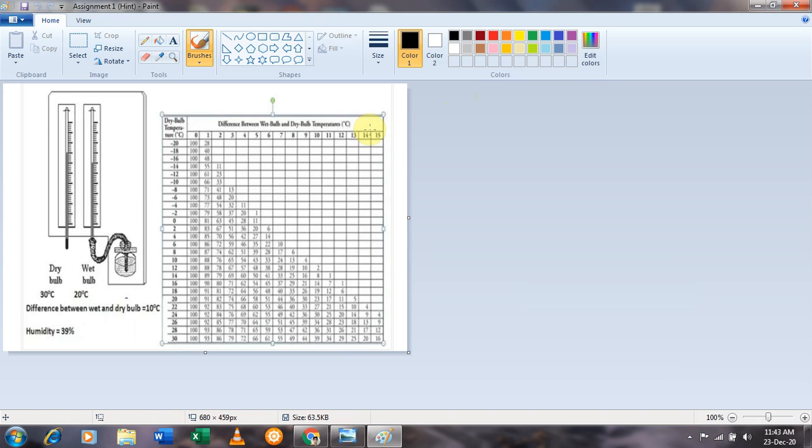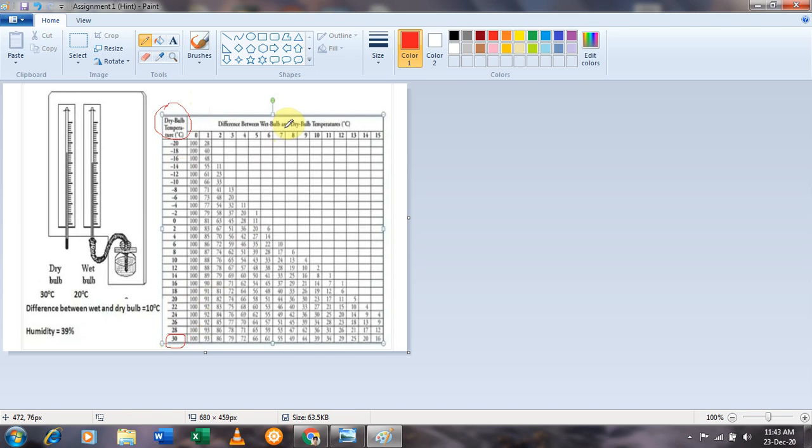I am going to point out what we first noted: the dry bulb temperature in degrees Celsius, noted as 30 degrees Celsius.